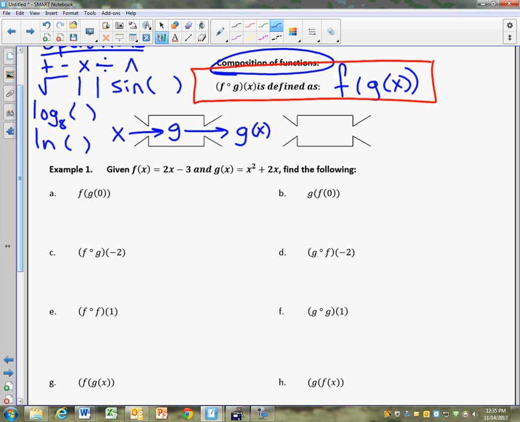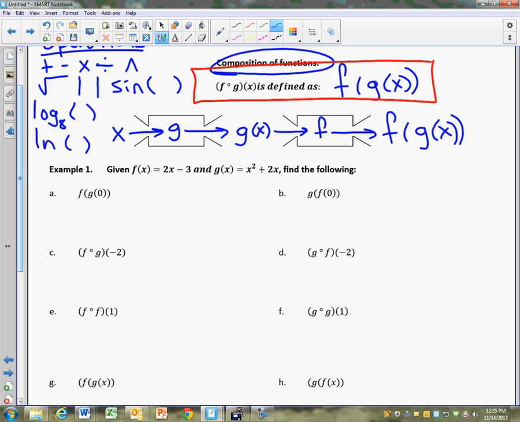Once you get g of x, what do you think you plug that into? F. And it comes out as f of g of x. So instead of plugging something into one function, we plug it into two functions.